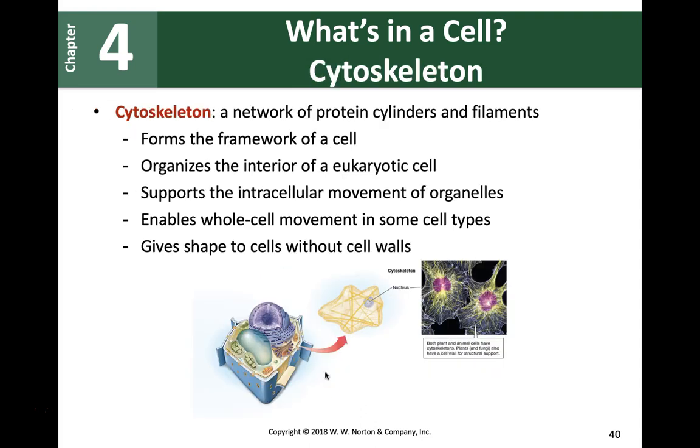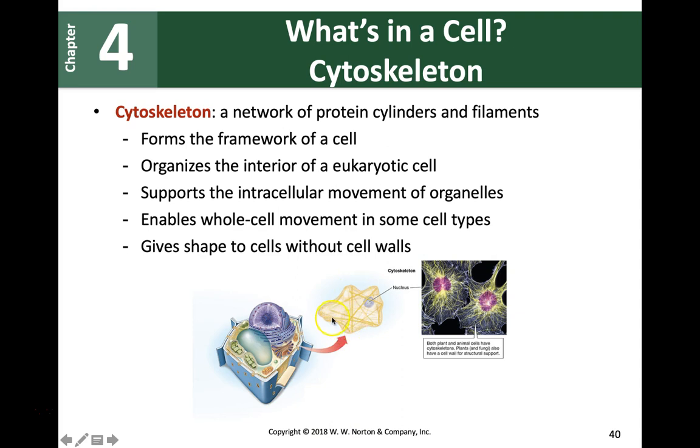Right, now let's come to the cytoskeleton. Cyto means cell. Skeleton is what gives your cell a structure. These are protein structures, like protein molecules such as actin, and they provide structure to the cell. They make the network and they form the framework of the cell. You can see this example here for a plant cell.